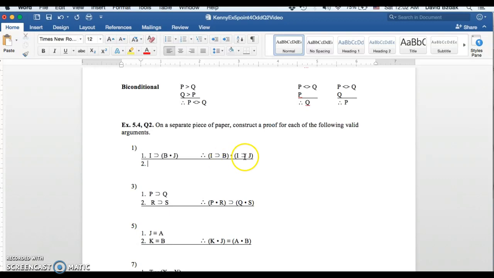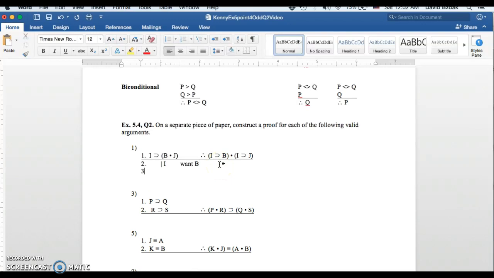So first we'll get this conditional, if I then B. So how do we do that? Again, we indent, remember? Vertical line, assume the antecedent, and want the consequent. Assume I, want B. Then we treat that like a premise that we keep indenting.